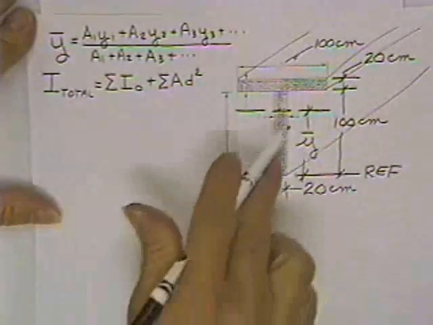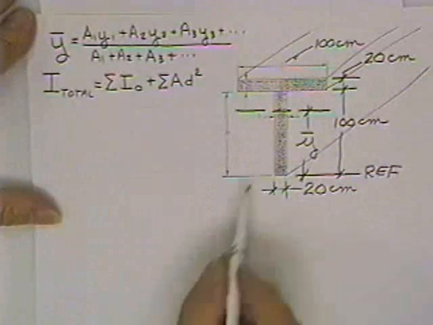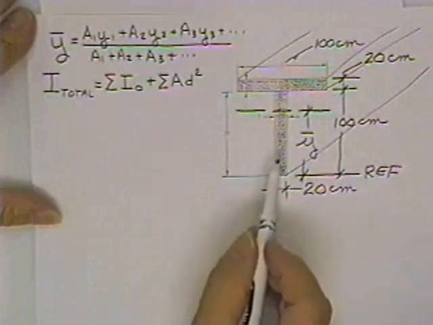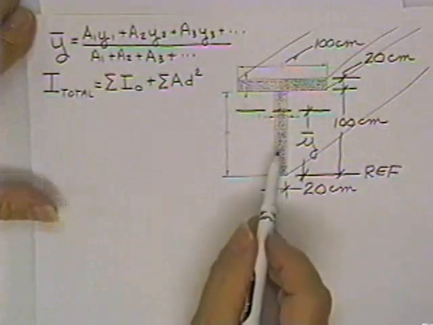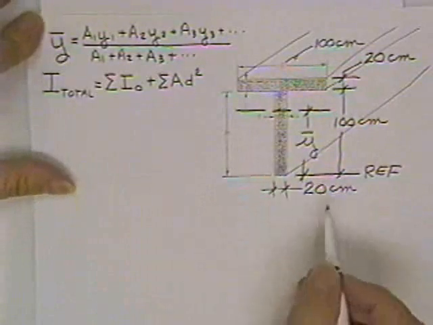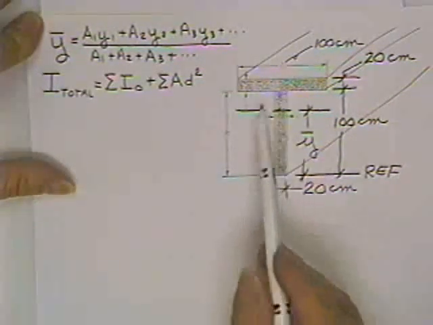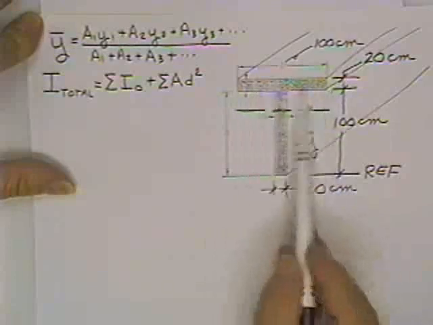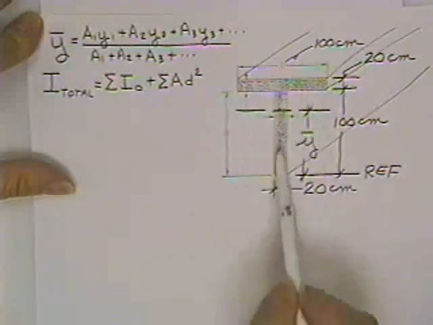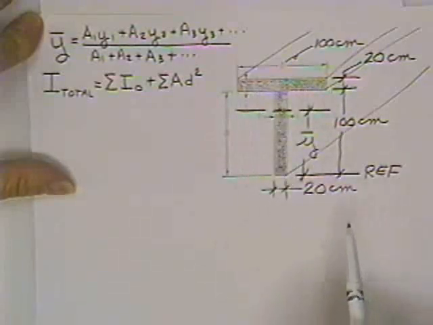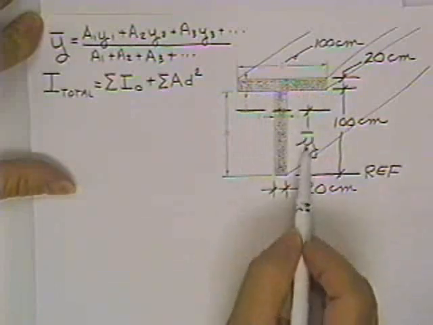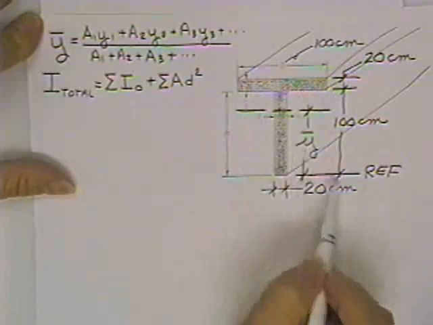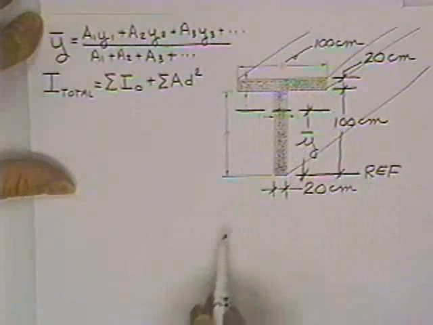Draw the beam, it's going back into the board. You draw an end view of the beam, and that's where you get your moment of inertia, and that's where you get your centroid. This particular one is 100 centimeters across and 20 deep, and this is 100 by 20. Somewhere around in here is the centroid, that far from the reference axis.